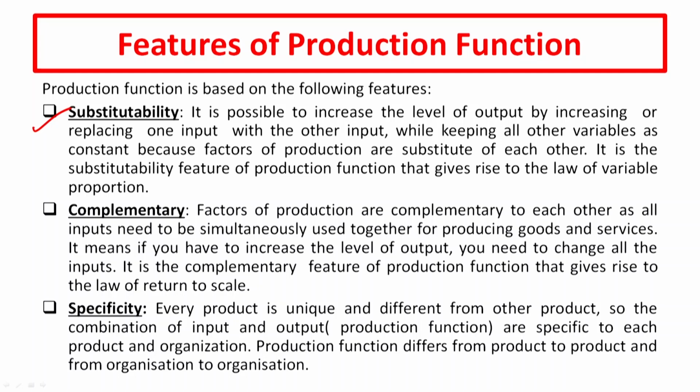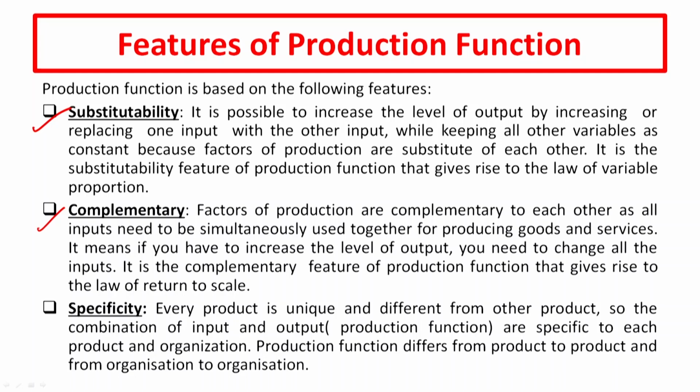So this important feature of production function makes it possible that you can exchange one factor with the other factor in order to increase the level of output. And this feature of production function actually generates a law, that is the law of variable proportion, that belongs to the short run law. So this substitutability is only possible in terms of short run.